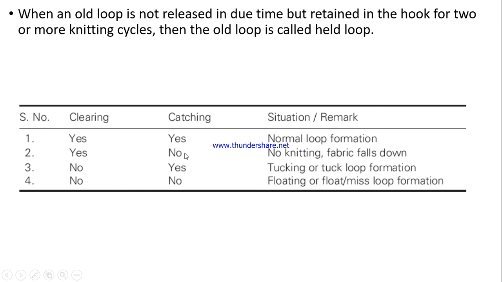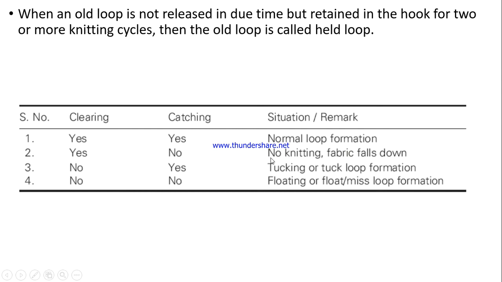Okay, the needle will be empty. So in that case, there will be no knitting. The fabric falls down. If all the needles present in the circumference of the machine perform this action, with no catching and clearing done, the hook will be out of touch of the yarn.